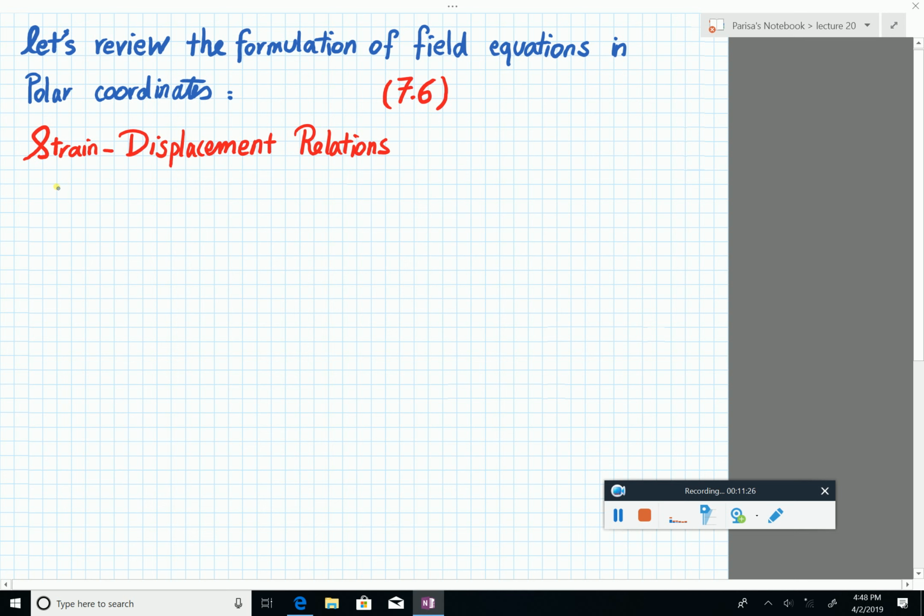So if you remember, we had e_r and e_theta, so you can write the displacement vector in polar coordinates.